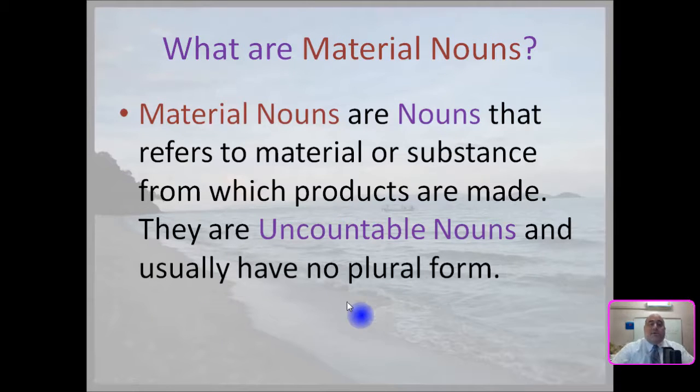Material nouns. Material nouns are nouns that refer to material or substance from which products are made. They are uncountable nouns and usually have no plural form.